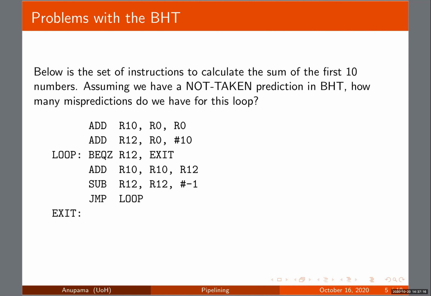So when the first time JMP loop is predicted not taken, if it is actually taken, then the value corresponding to the JMP is changed to 1, which means that the branch is taken. And basically that's what will happen.